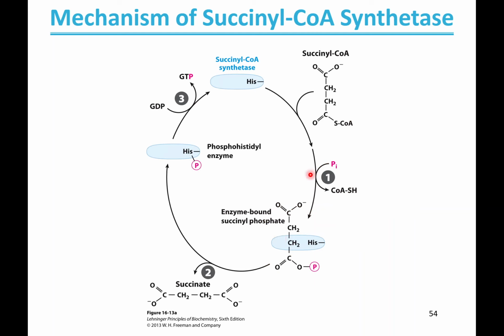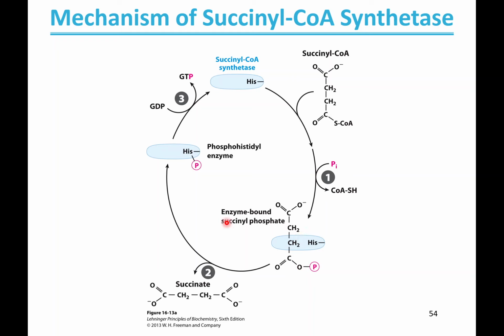Okay, and the mechanism of it is shown here. We have succinyl CoA coming in. The inorganic phosphate is actually put on to the succinyl where the CoA went. So phosphate comes in, CoA is replaced, and you get a phosphate bond directly to your substrate, succinyl.